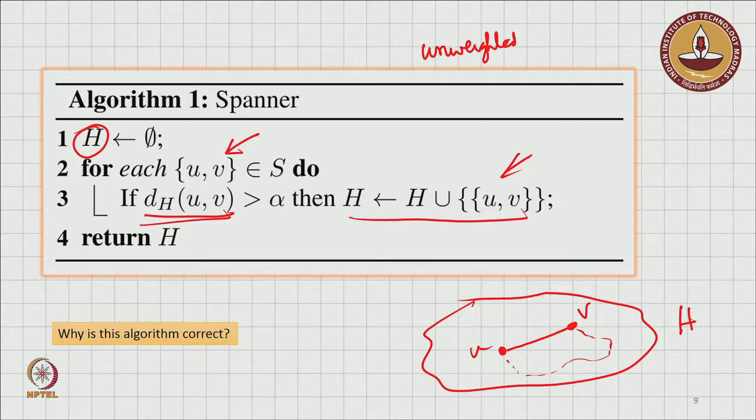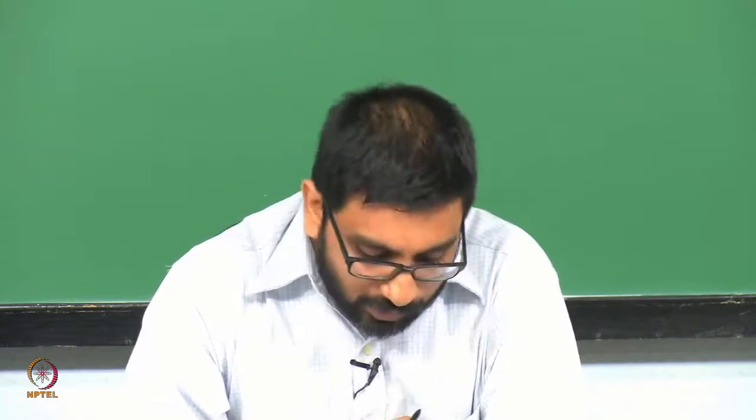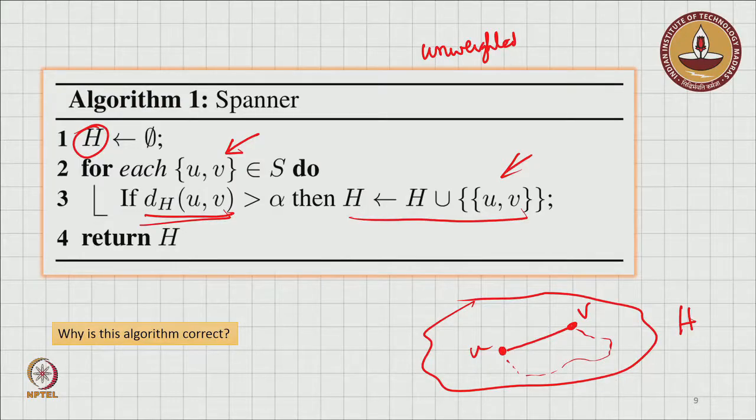Now, why is this algorithm correct? This algorithm is correct because this spanner condition should hold for any pair of vertices, right? So now let's say you have a path from A to B to C to D. Okay.